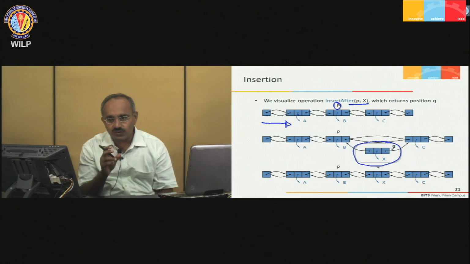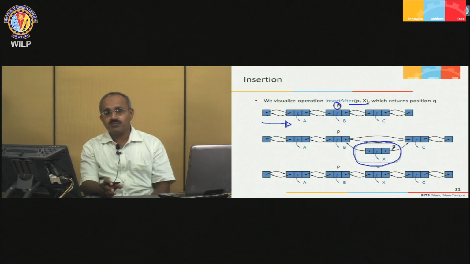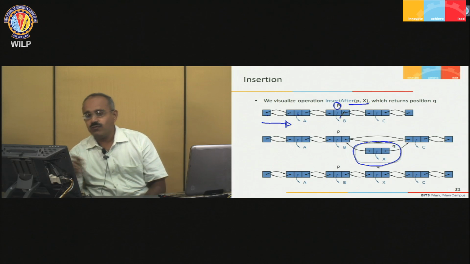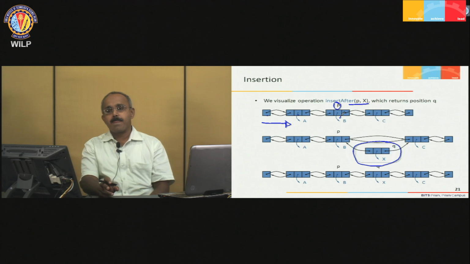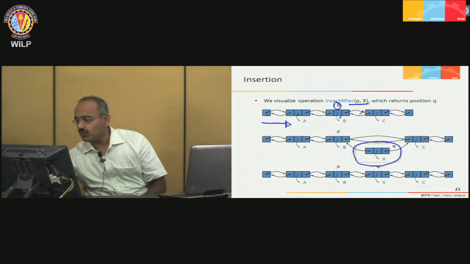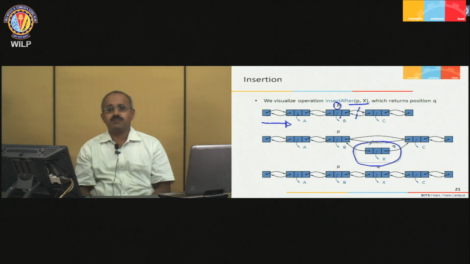So what you do is you first create a node which you have to insert, store the data that you want to store there, traverse up to the point where you want to insert, and simply update the pointers. In this particular case, you are going to remove this pointer and update them, this pointer is going to point to this. So it is just updating pointers.